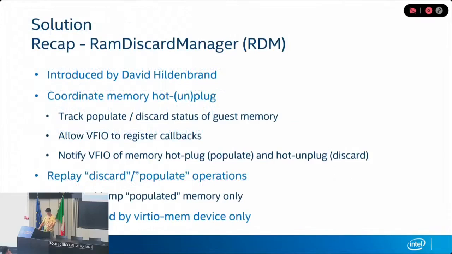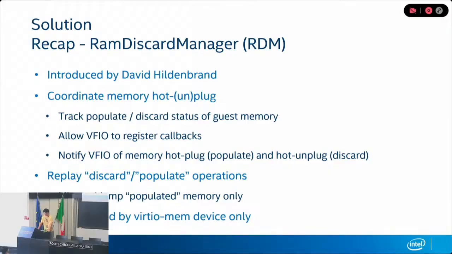So how does virtio-mem solve this issue? It uses a mechanism called RamDiscardManager. This infrastructure was introduced by David Hildenbrand. It coordinates memory hot plug and unplug between many QEMU components.